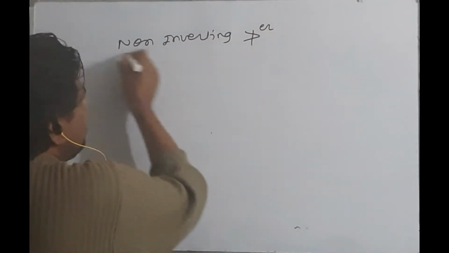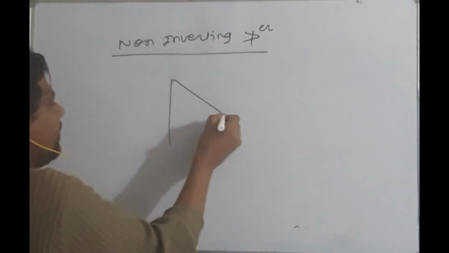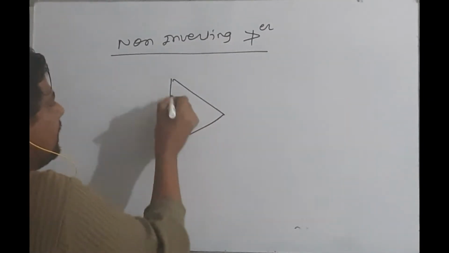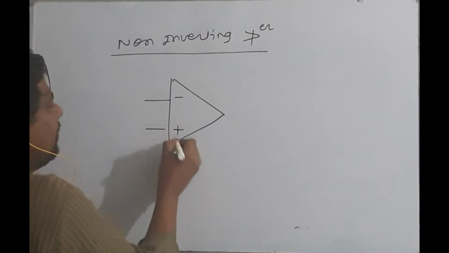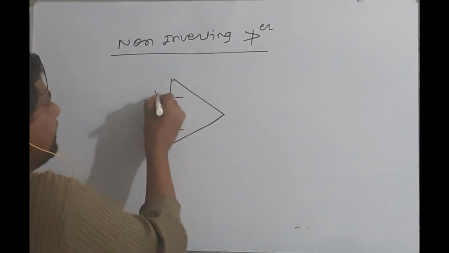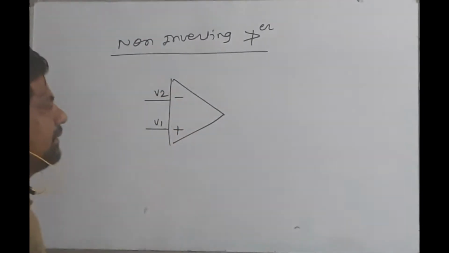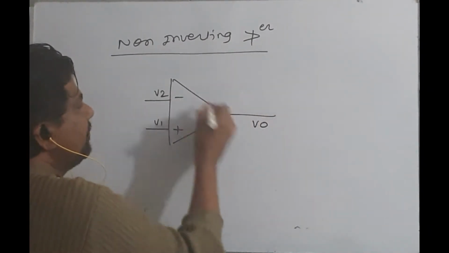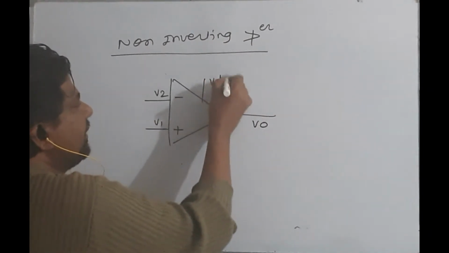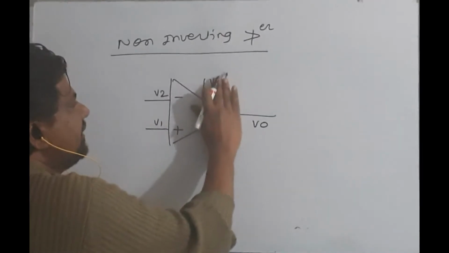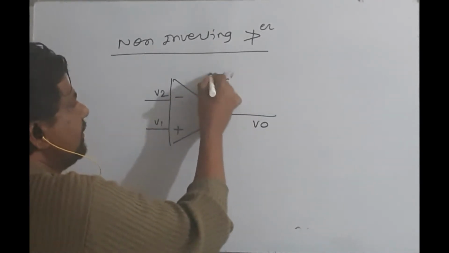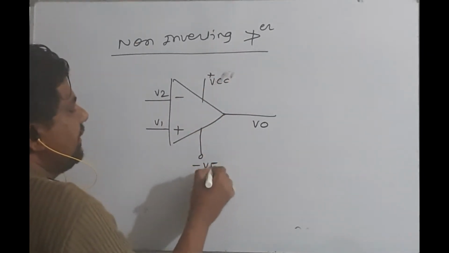Here is the symbol of the operational amplifier. I know that the operational amplifier has an inverting terminal and a non-inverting terminal. I will treat this as V1, this as V2. Output is V0. Here plus VCC is applied, and I have minus VEE.